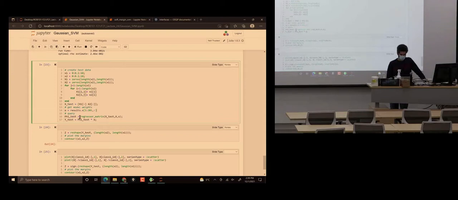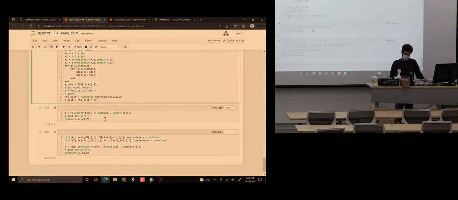I get the regressor matrix using the test points, and I use my data as centers of RBF functions. So the output will be this phi matrix times alpha. That's how I can query using the learned alpha values. Then we can plot the contour, and here I take the sign of it to create that.